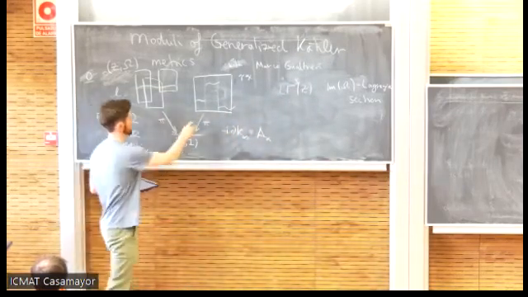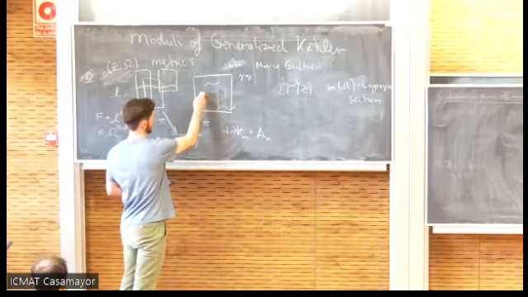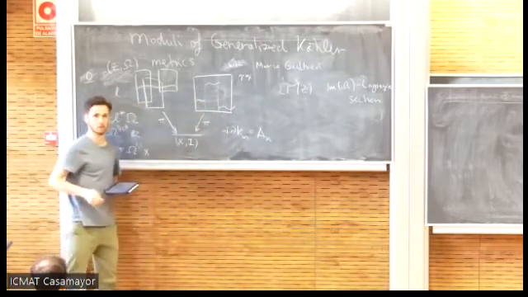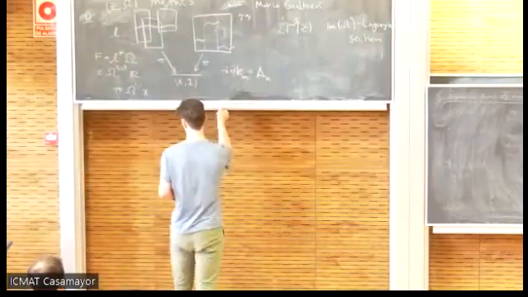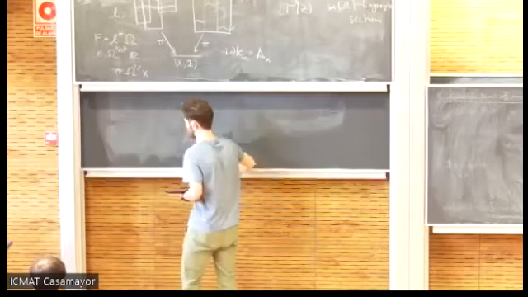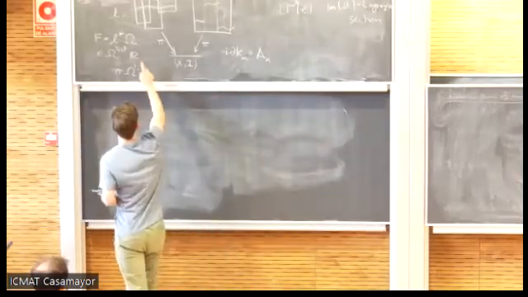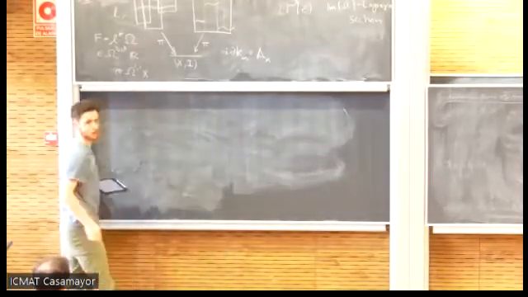Now I mentioned that the fiber-wise action of the cotangent bundle remains intact, and this is very important because we can use this to move any point in here, in particular a bisection.